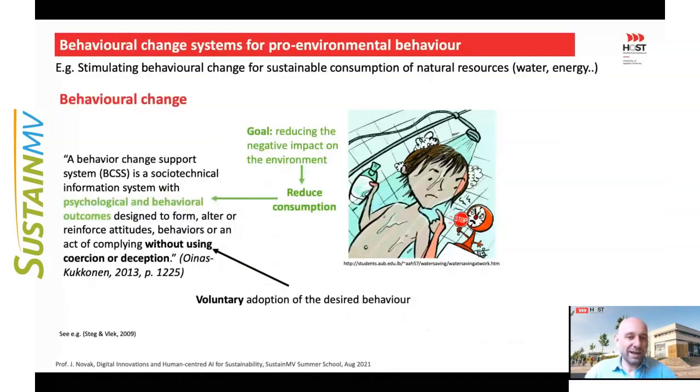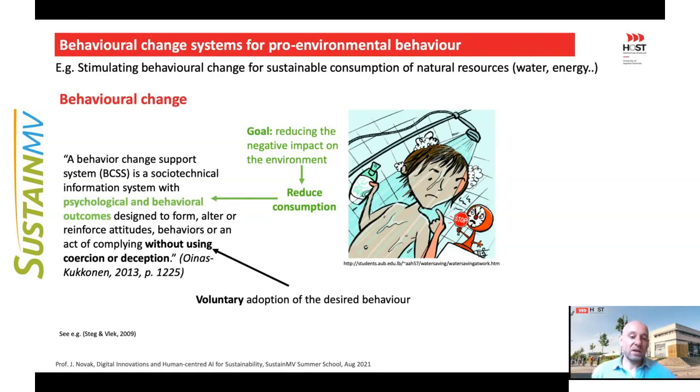So what are the underlying design elements, the typical design elements of such applications? Why are they designed in the way they are? And which types of applications are more likely to work rather than others? And one, again, selected sub-area of this type of research is the design of what is called behavioral change systems to support pro-environmental behavior. What is the idea of these systems, such as the applications I've briefly sketched out?